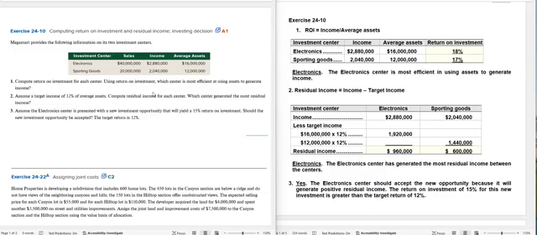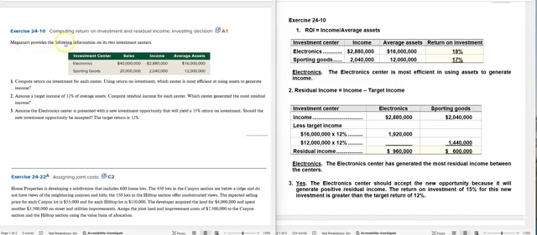One way we can do that is through a couple tools. One is the return on investment, and the other one is residual income. So that's what this problem is going to have us working with to evaluate whether a manager's investing decisions were well in line with what the company's needs and desires are.